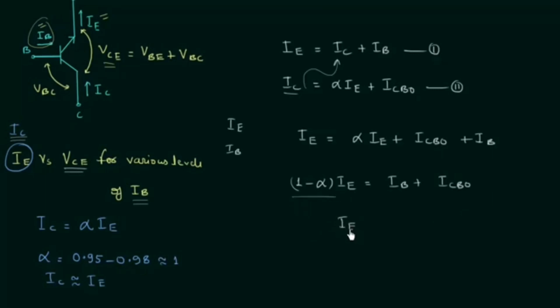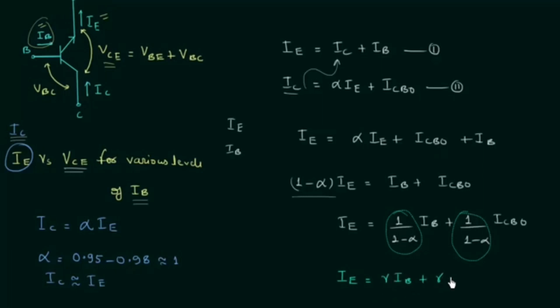So we have IE equal to 1 divided by 1 minus alpha IB plus 1 divided by 1 minus alpha ICBO. 1 divided by 1 minus alpha is the current amplification factor in the common collector configuration. This means IE is equal to gamma times IB plus gamma times ICBO. So this is what we have in common collector configuration of a transistor.